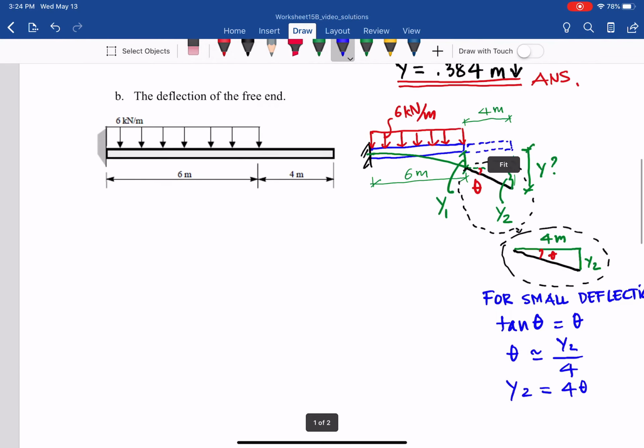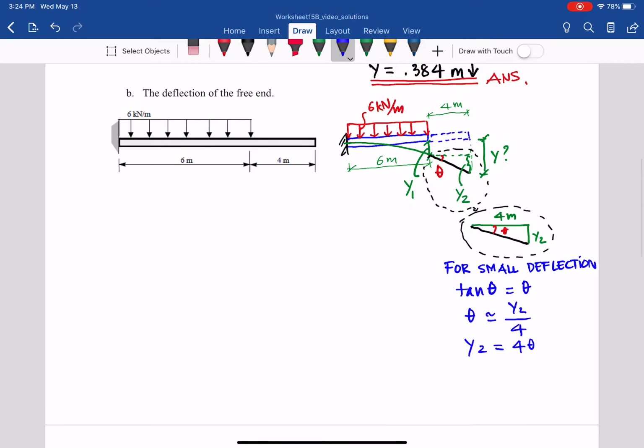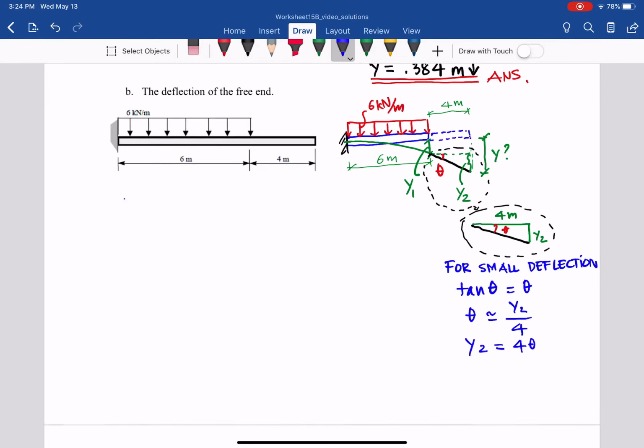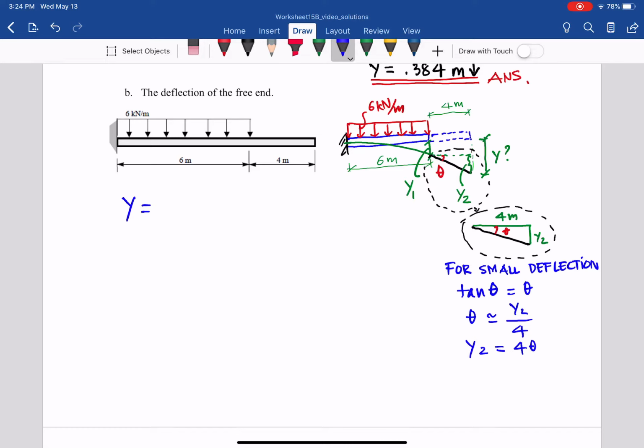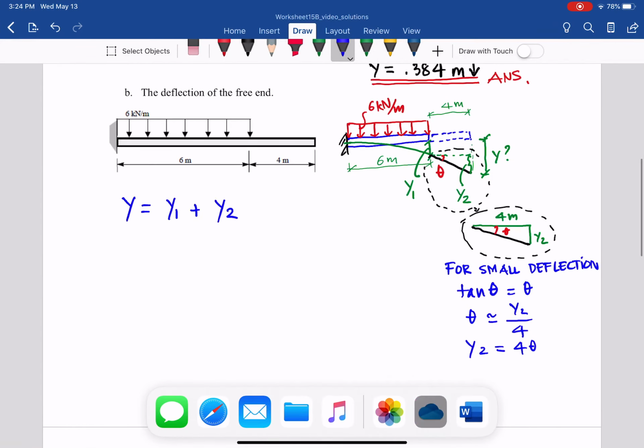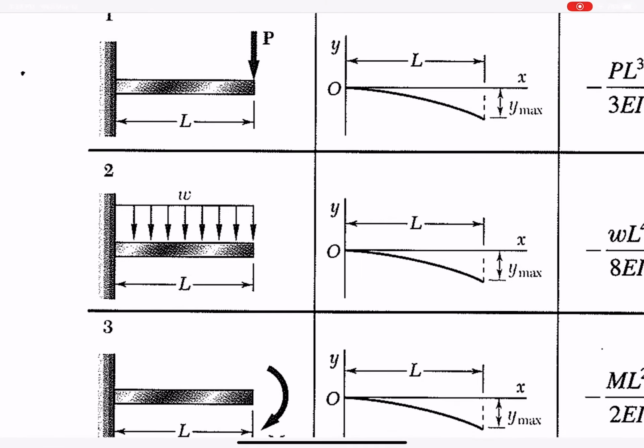So for this problem, the deflection at the free end of the 10 meter cantilever equals y1 for the 6 meter cantilever at its end, plus y2, and y2 equals 4 theta, the slope for the 6 meter. In this case we only use figure 2 with L equal to 6 meter.